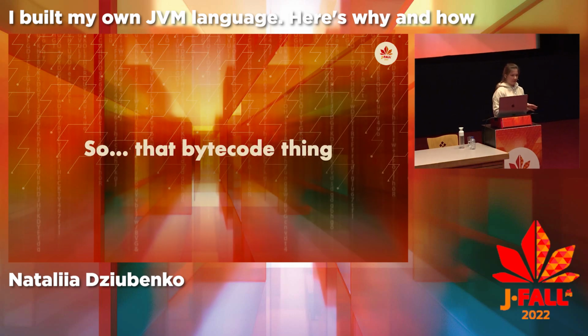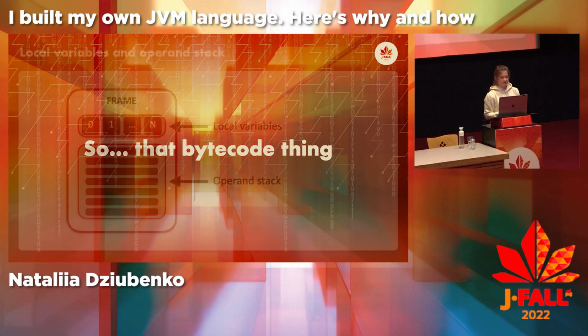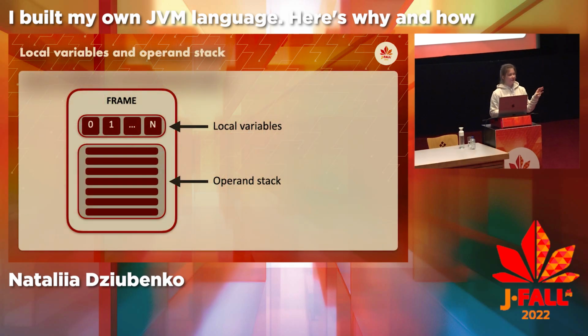So that bytecode thing, before we can actually generate the bytecode, it is very important to understand a couple of things about what is happening inside of the JVM. These are not just theoretical, they're very useful practically. So you know that on your call stack, you have frames. When you call one method from another, you can end up in a different frame, right? And in each frame you have a state.